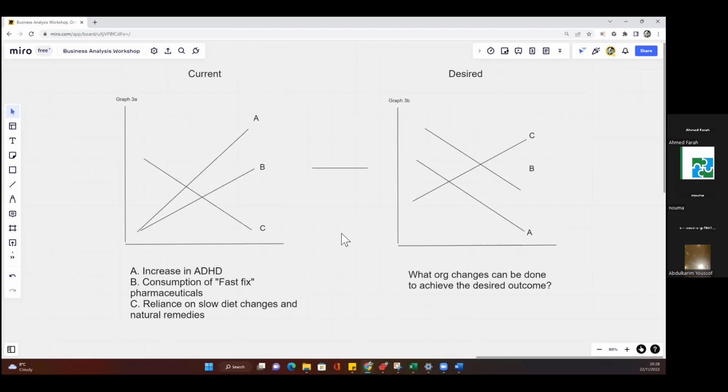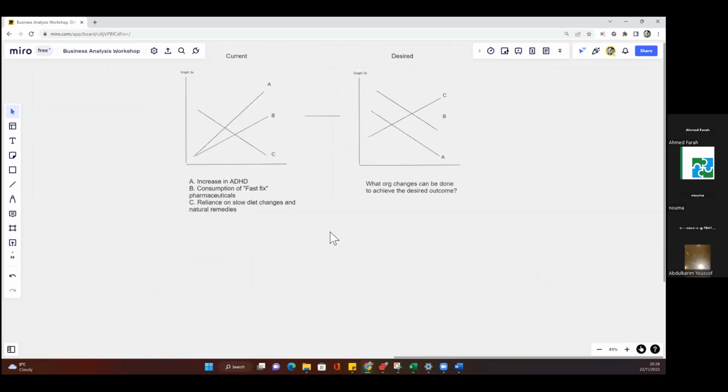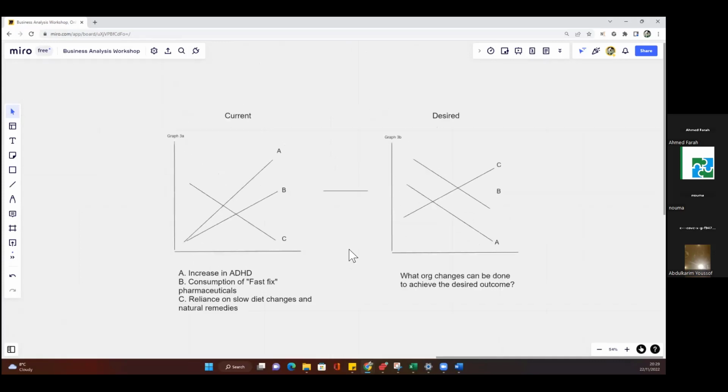So how do we solve this use case? It would be quite advanced, but for example, you could think of things like: is there a correlation between the increased consumption of social media and A and B?